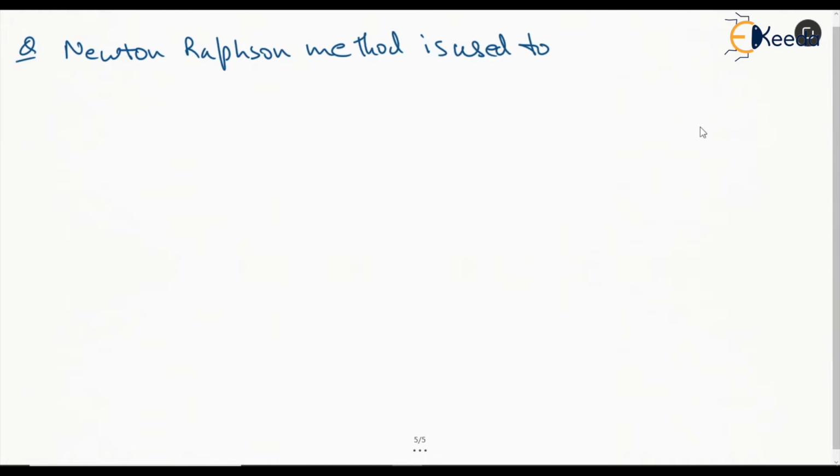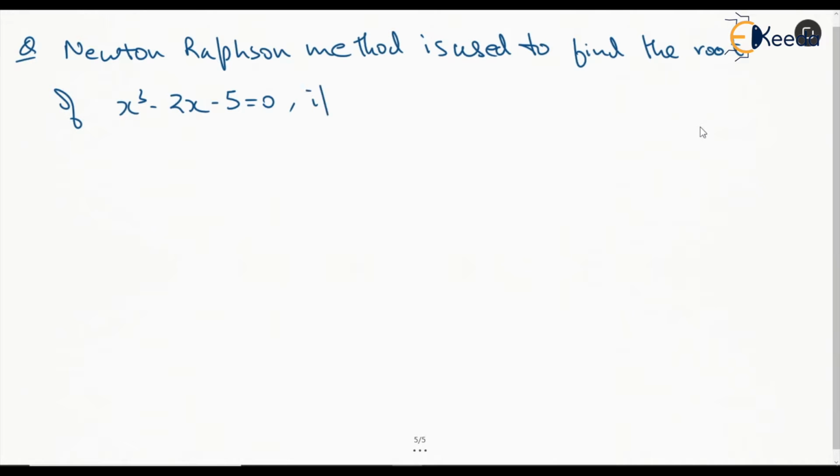So it says Newton-Raphson method is used to find the root of the equation x cube minus 2x minus 5 equal to 0.